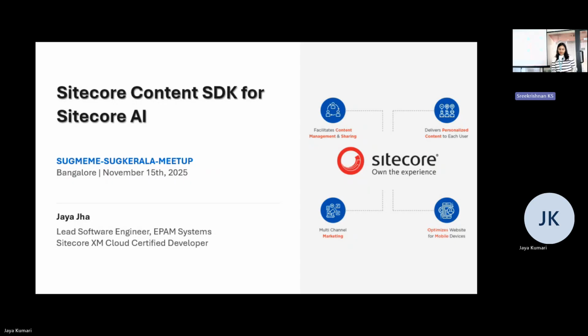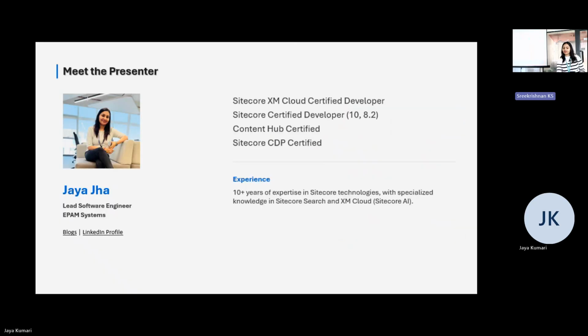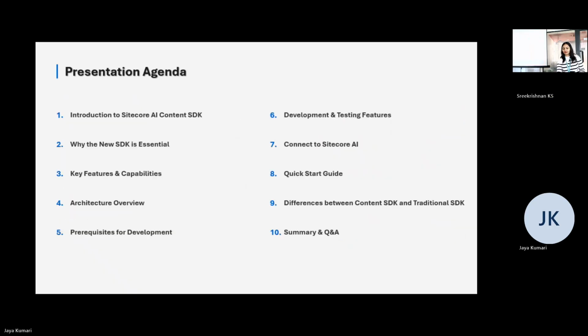So let's talk about the topic and agenda today. I'm going to explain what Sitecore Content SDK is, and why we actually needed it, because we were having a lot of JSS SDK versions. Then the key features and capabilities, and the architecture overview.